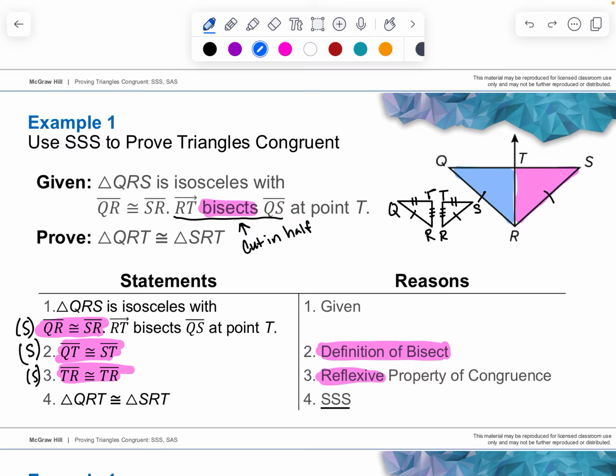Now, excitingly enough, we've got our side, so we are set. We've got all the pieces we need to be able to say through side congruence, those triangles are congruent. And our proof is done. So triangle congruence proofs are actually very straightforward, really easy.